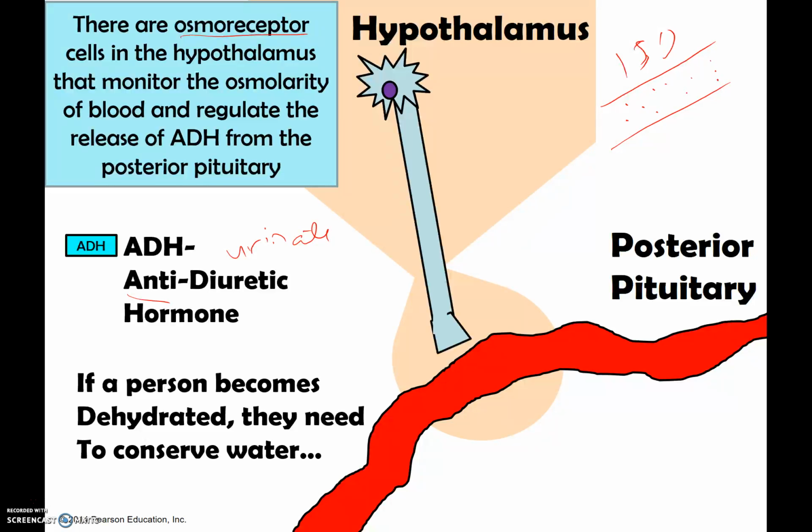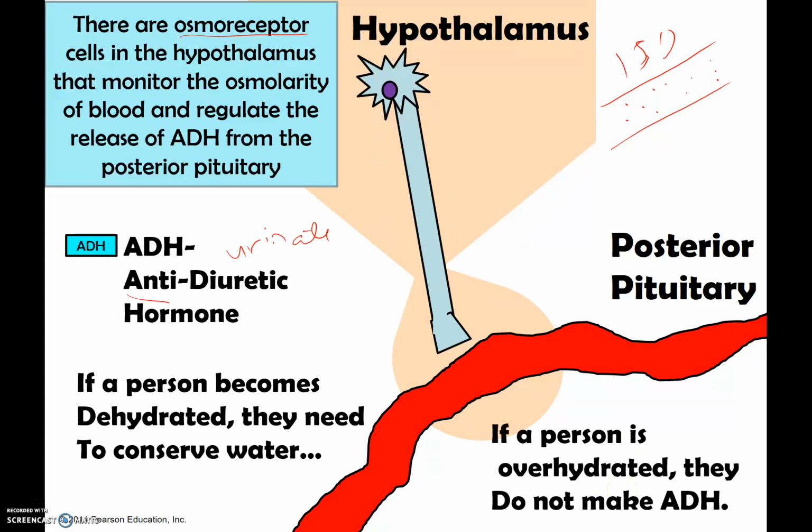Our blood is not isotonic. We cannot afford to urinate and waste water. So the hypothalamus will produce ADH, and it will be released into the bloodstream from the posterior pituitary, targeting your kidneys. It'll change how your kidneys absorb water, and it will conserve water so you don't waste it in your pee.